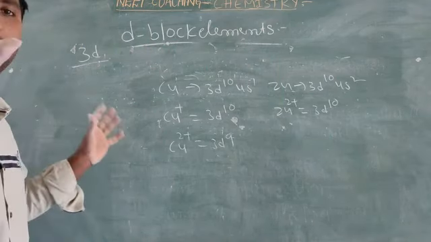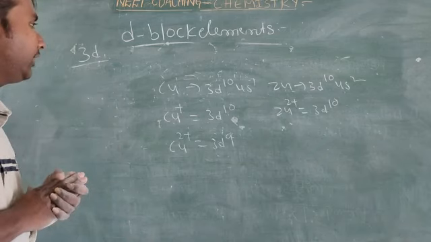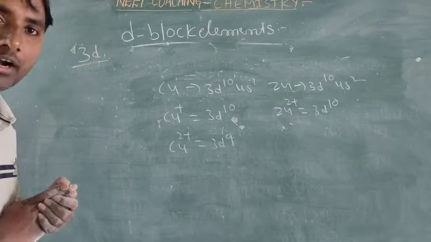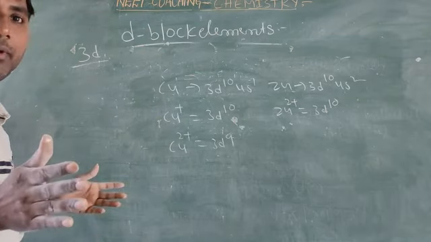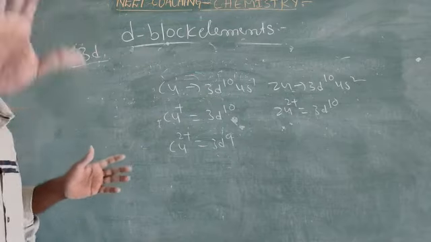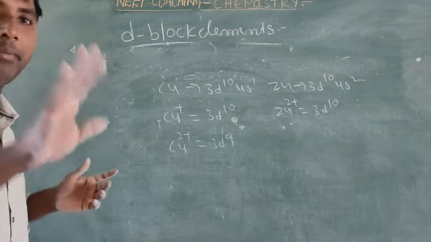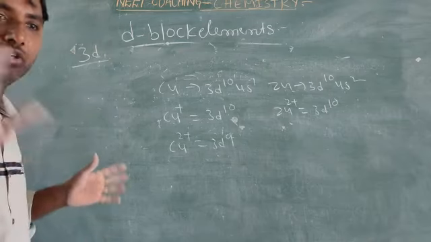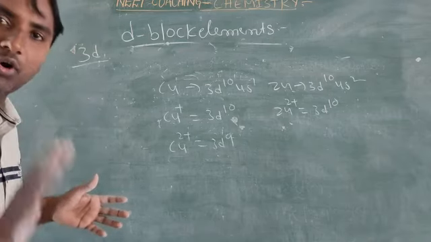You should learn the 3d series electronic configuration, and also, iron 3 plus equals what configuration? Iron 3 plus, immediately you say 3d5. Cobalt 2 plus, immediately 3d7. Cobalt 3 plus, immediately 3d6. Chromium plus 2, immediately 3d4.